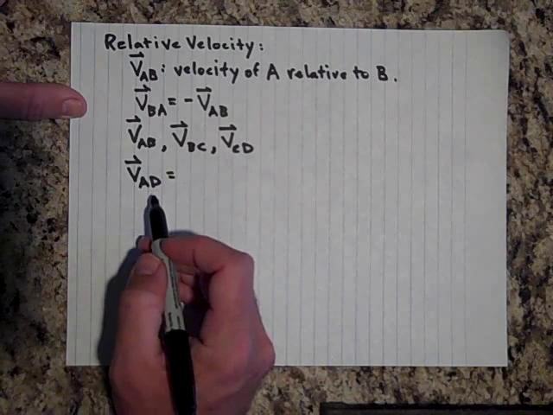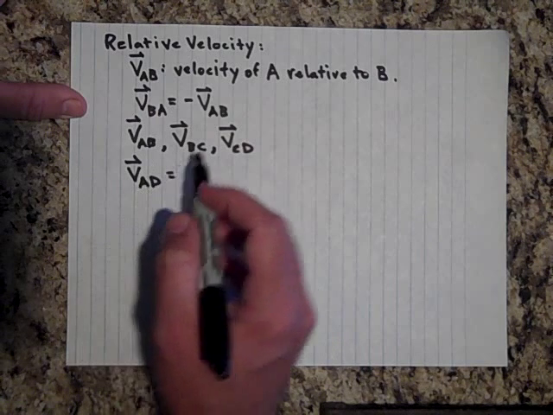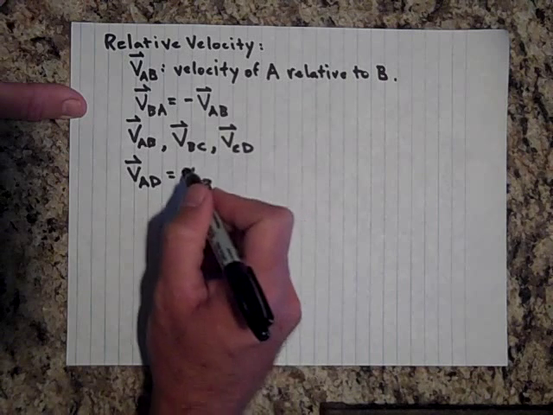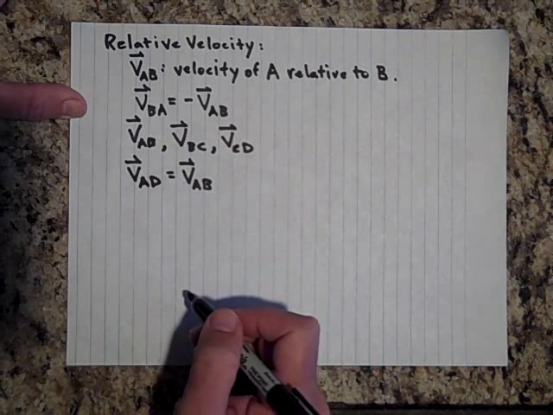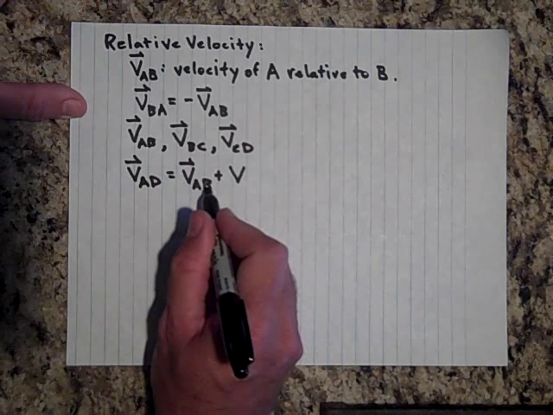But the way you do it is you have to start with a vector that begins with A. So we know the velocity of A with respect to B. And then I'm going to add the next one, which has to start where this one ended.